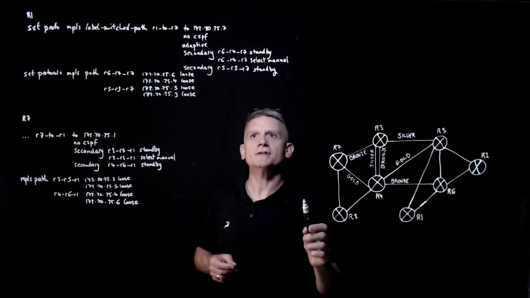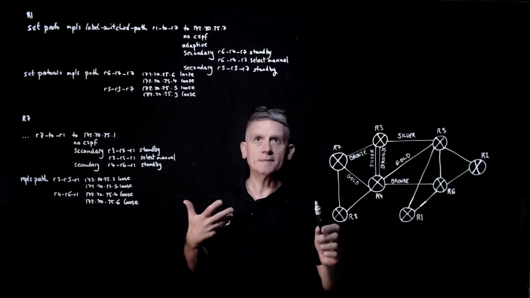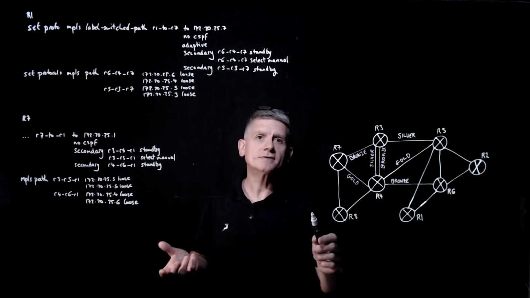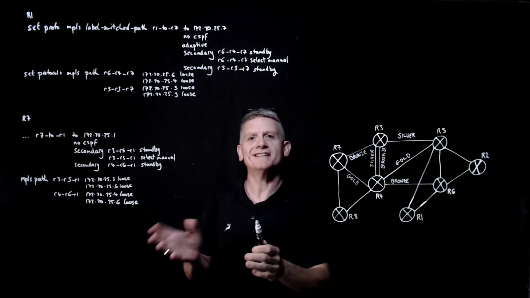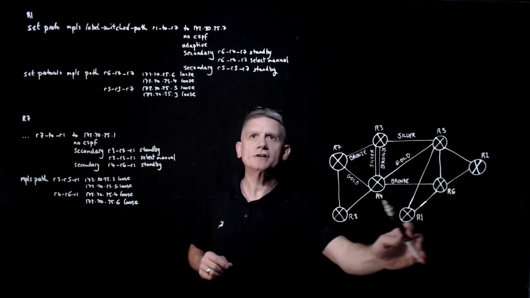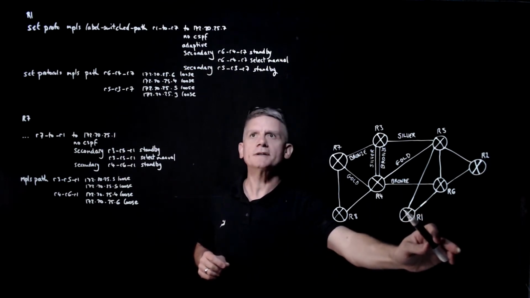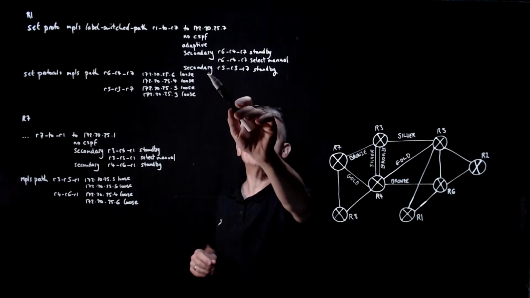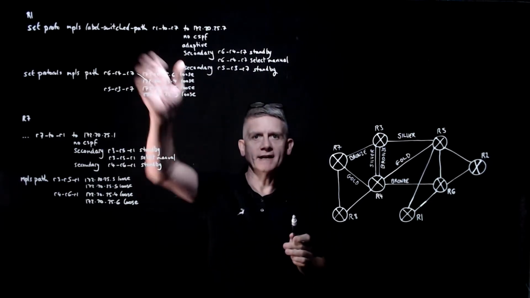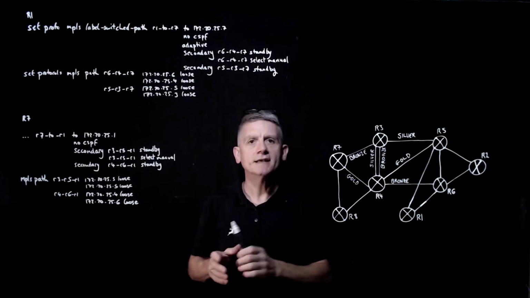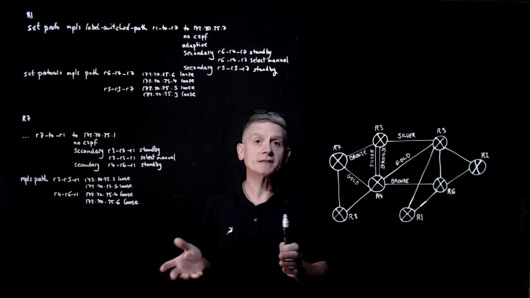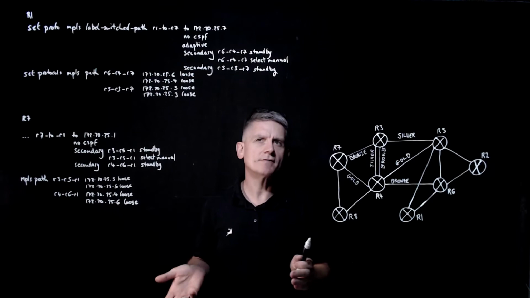So what we're going to do here is we'd like the paths pre-signaled, and we would like them to not revert if there's a failure. So here on router 1 we've got two secondary paths on our LSP, and because they're secondary rather than primary and secondary, it means that it's not going to revert back to the primary path because of course neither of them is primary.